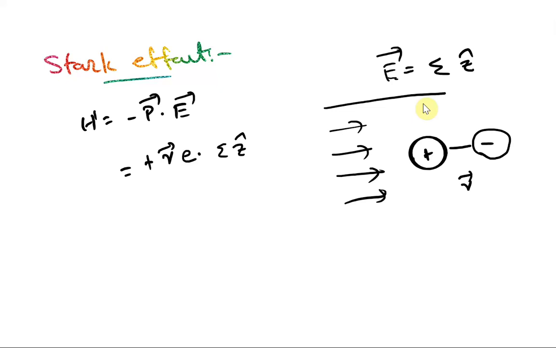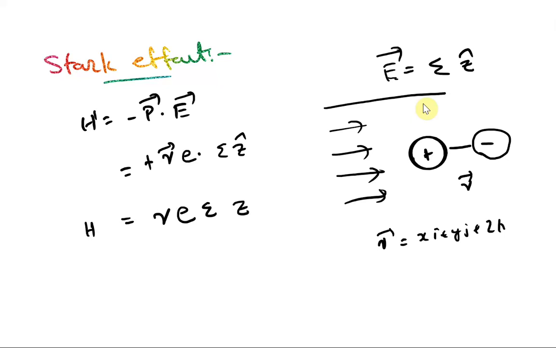I'll take this as a normal position vector with x, y, z coordinates, so I can get rid of this dot product. So r I take as x i plus y j plus z k. The dot product will give you nothing but e epsilon, and the z value will be there.